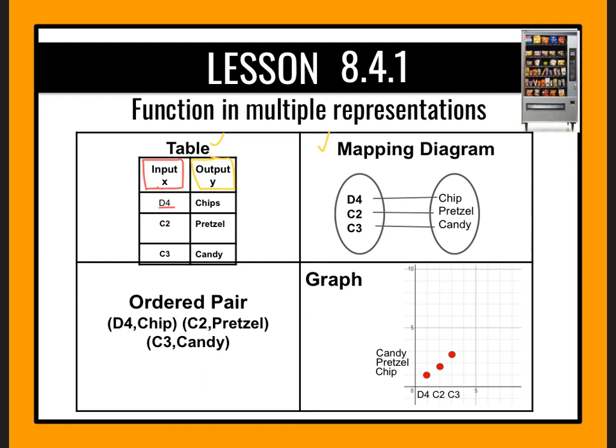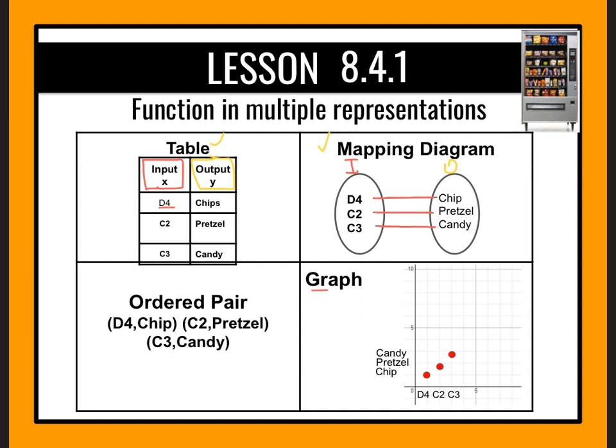Notice that my input values now look a little bit different because D4 is connected to that one particular output. C2, when I enter C2, it is connected directly to a pretzel. And if I enter C3, it is connected directly to a candy.